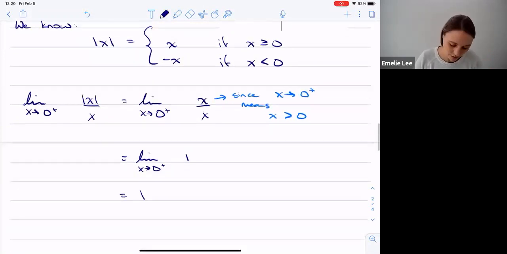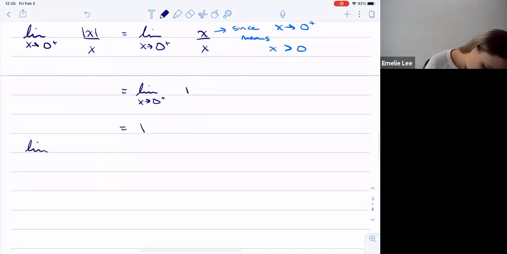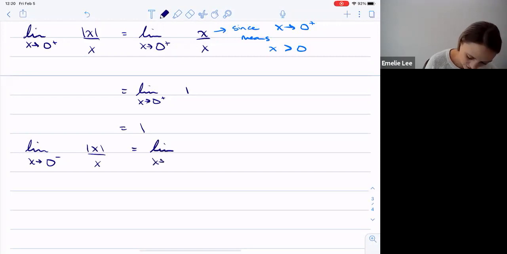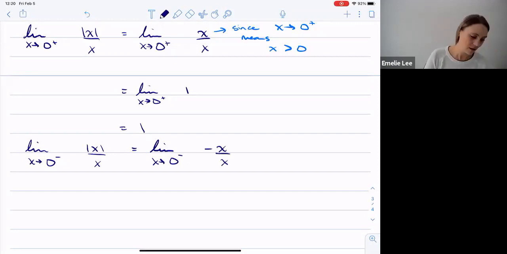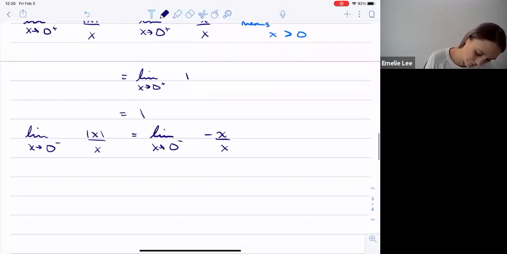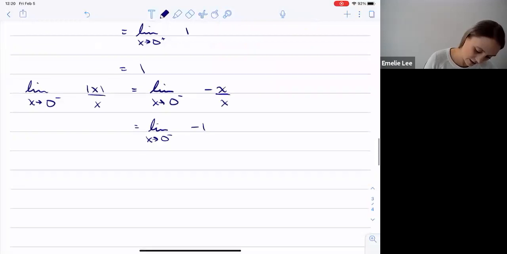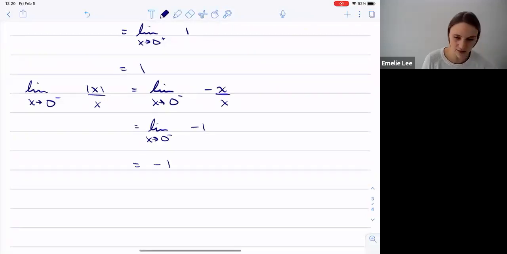So in the same way, the limit as x approaches 0 from the left of the absolute value of x over x is the same as the limit as x approaches 0 from the left of negative x over x, by the same logic. Negative x over x is just going to be negative 1. So the limit as x goes to 0 from the left of negative 1, again, we're just taking the limit of a constant, which is just itself.